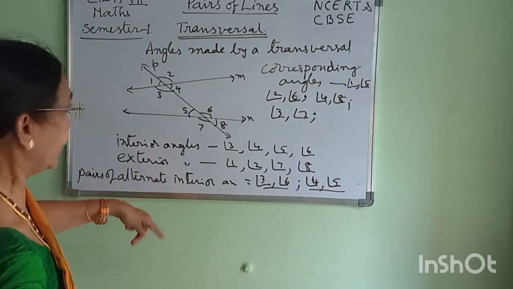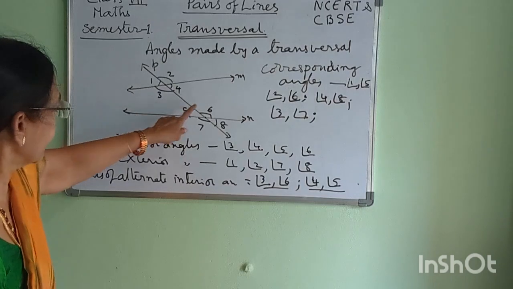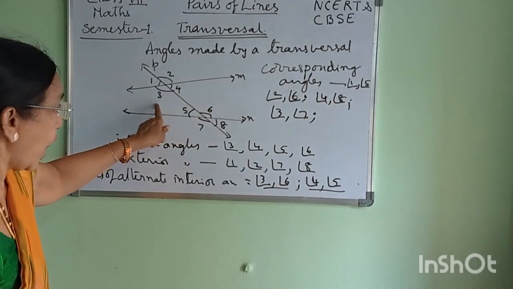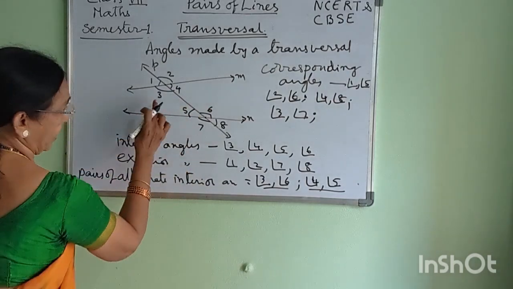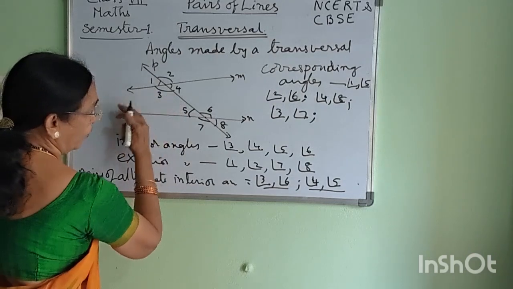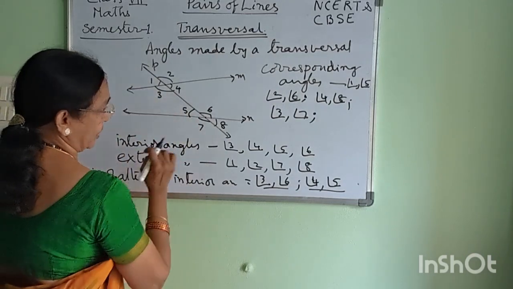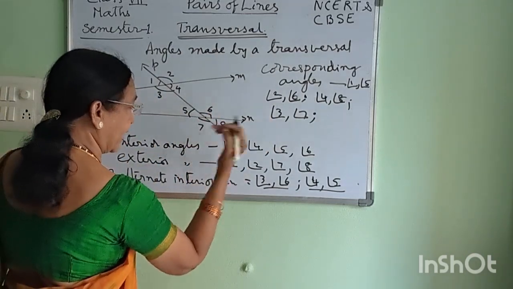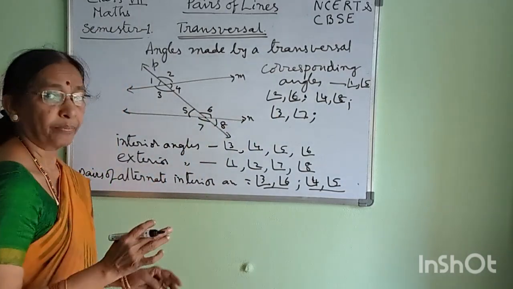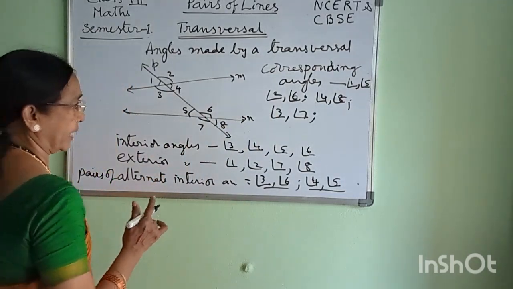Next, alternate interior angles. These two are 3 and 6. Alternate interior angles, because angle 3 is on one side of the transversal and angle 6 is on the other side of the transversal, but both are interior angles.